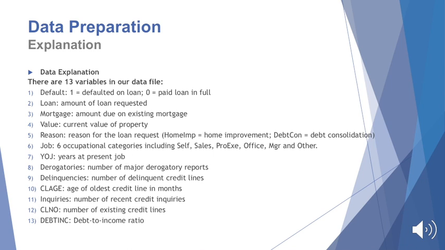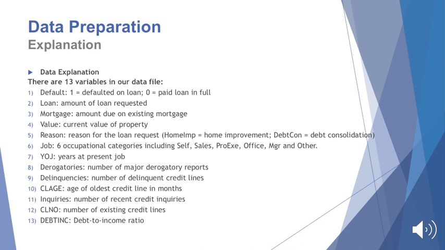First part is about data preparation. Let me give you an explanation of our data variables. There are 13 variables in our data file. As you can see on the screen, for example, default: if the number is 1, it means the customer defaulted on the loan, and if the number is 0, it means the customer successfully paid the loan in full.